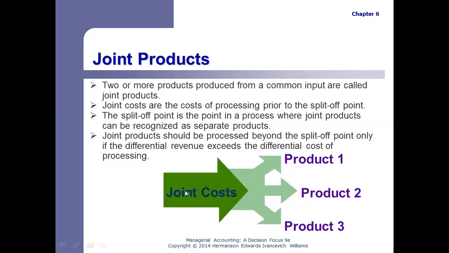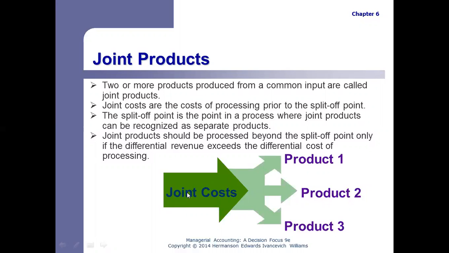A typical example of this is products derived from pigs. There are certain common costs that occur up front in order to get that pig ready for different products. The different products might be ham, bacon, pig's feet, pig skin for footballs.